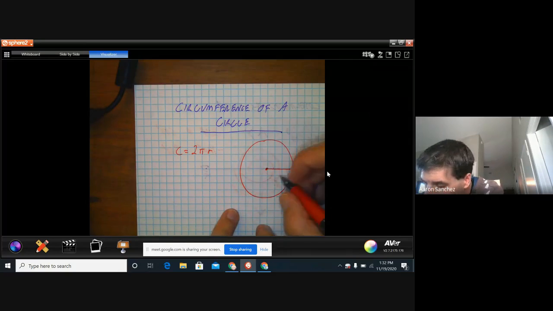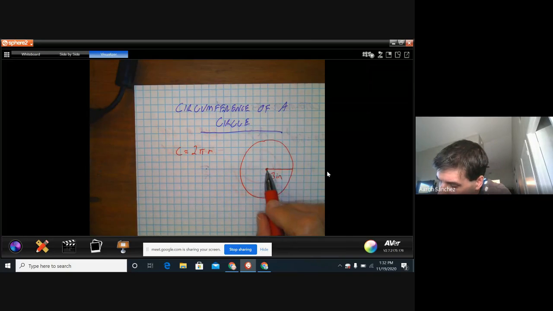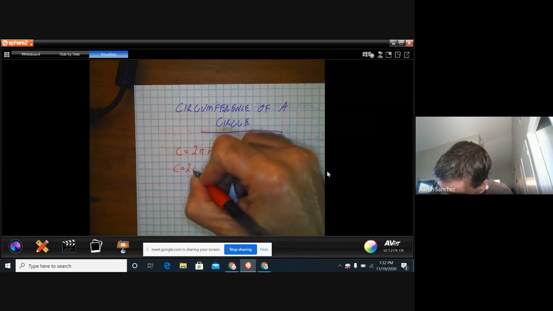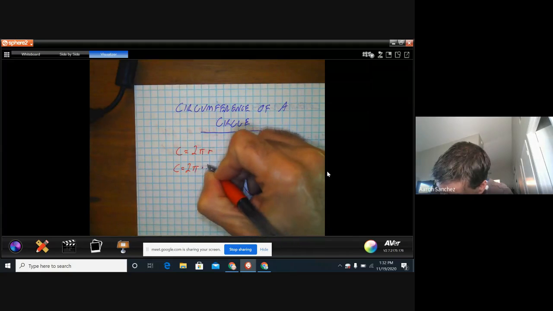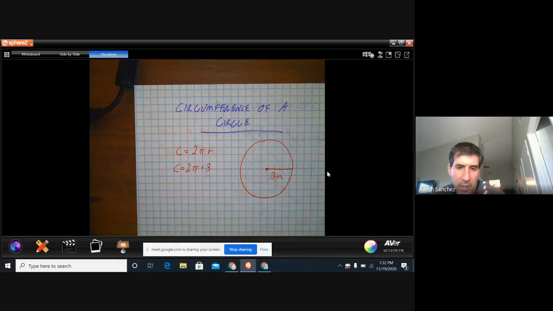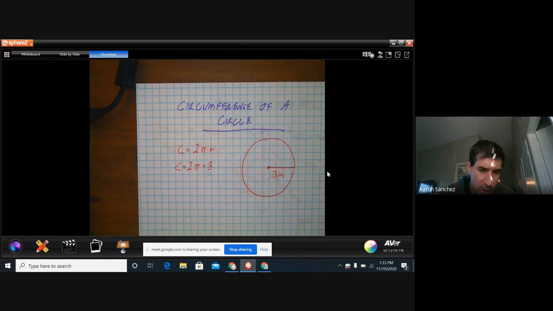Now, let's say our radius is 3 inches. Let's solve for the circumference. This is my radius. The radius is the center to the end, right? The circumference is going to be 2 times pi times 3. In terms of pi, can anyone tell me what the circumference of this circle is?